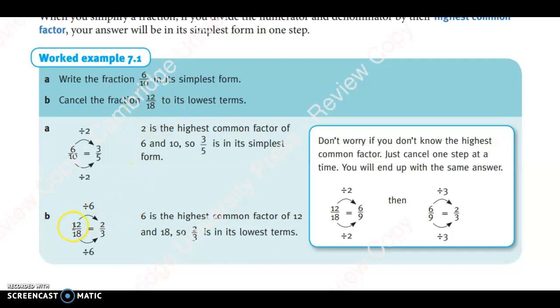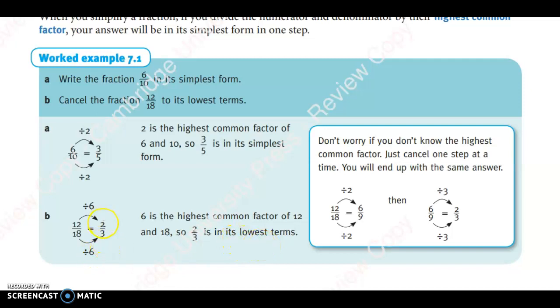So 12 divided by 6 is 2. Remember, the denominator must be divided by the same number. 18 divided by 6 is 3. So the result is 2 out of 3, or 2/3, which is its lowest term or simplest form.